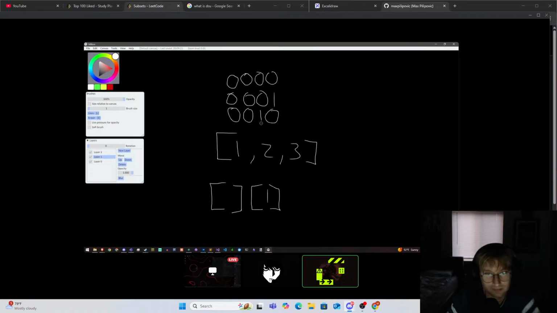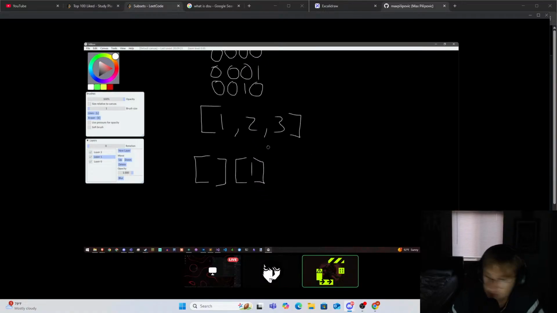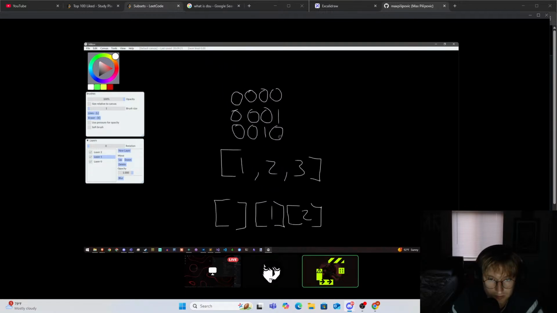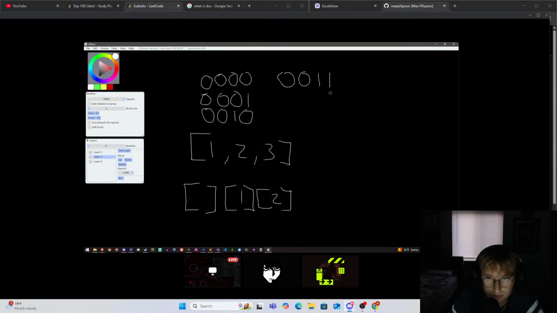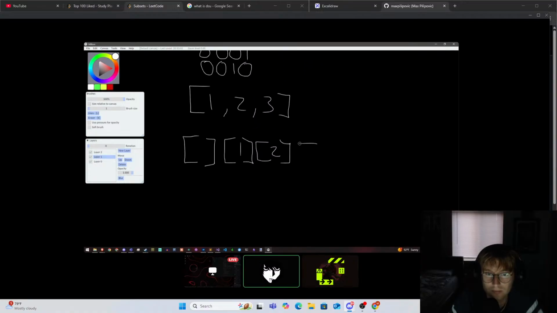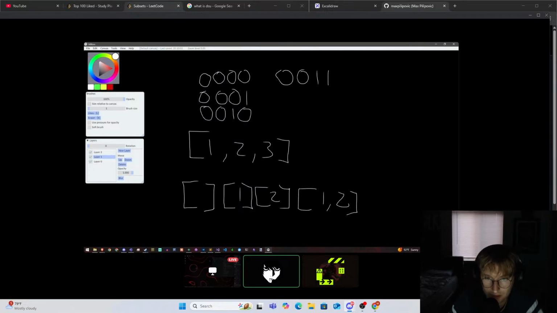So then, whenever we have the second bit set, that's going to give us the second number in the subset. So 2. Yeah. Right. And then next we would have 0, 0, 1, 1, and this is the first index and the second index, right? Okay. So that'd give us this.